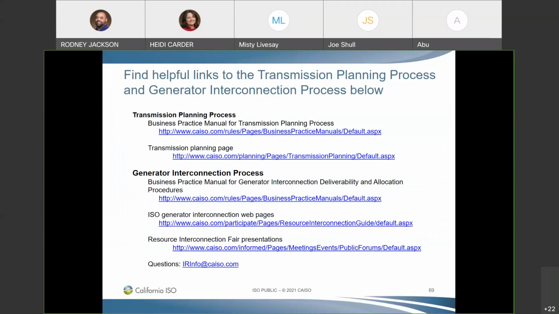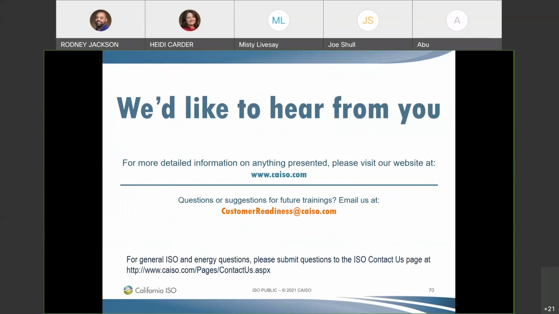Our goal is to make this information as user-friendly as possible, so that way it becomes a benefit to you. And if you guys have questions, you can reach out to us. Customer readiness at kaiso.com is a great place to go. And you can also use the contact us at the Kaiso website.